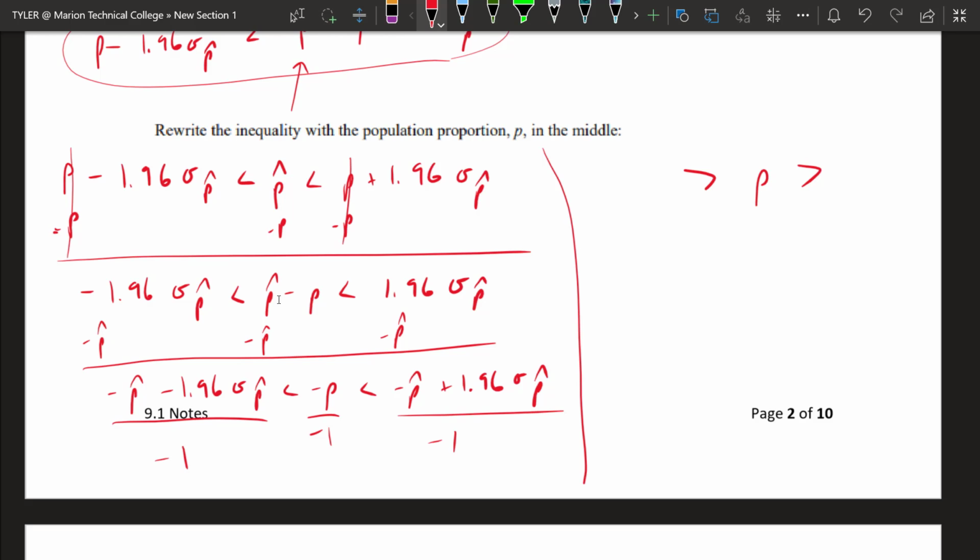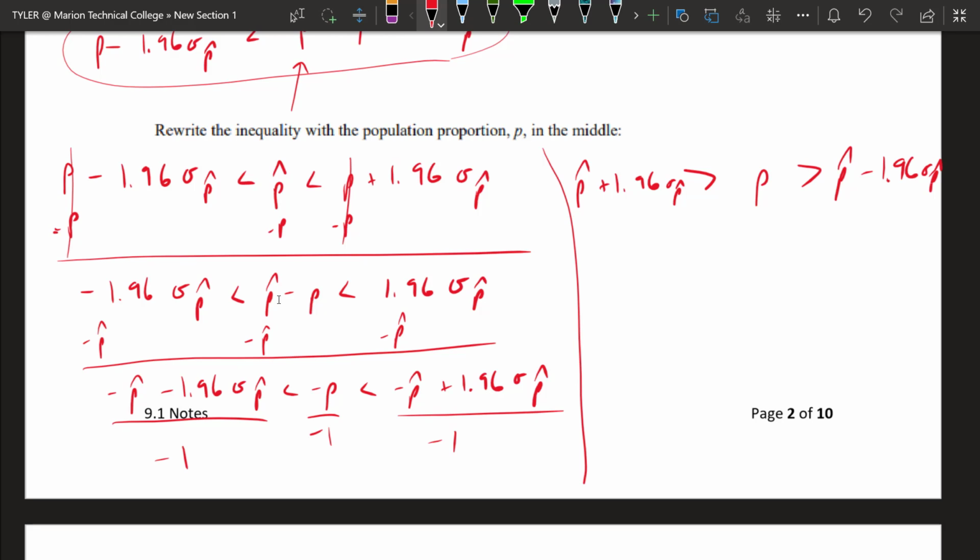And over here, I take each of the terms and divide by negative 1, which just changes its sign. So on the left part of the inequality, you have p hat plus 1.96 times sigma p hat. And over here, you have p hat minus 1.96 times sigma p hat.